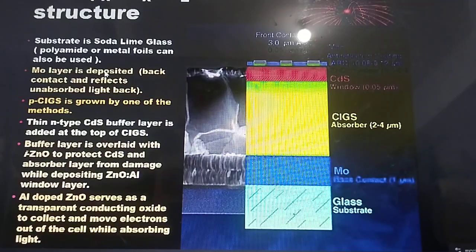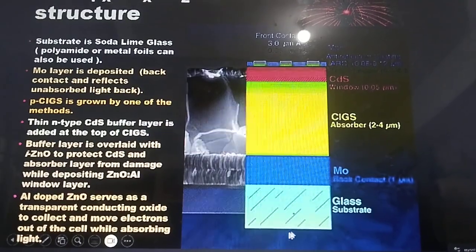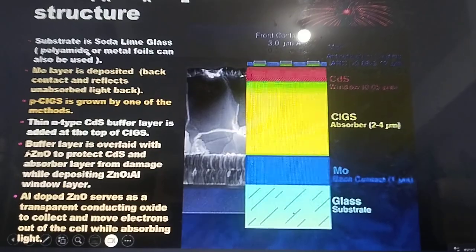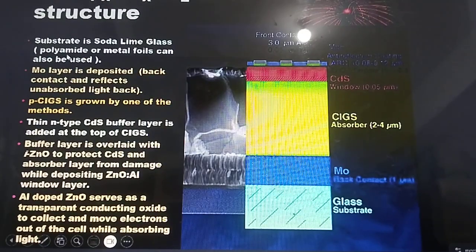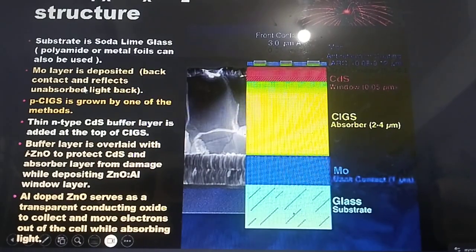And see here, this is how we make CIGS solar cells. You take a glass substrate, or you can take soda lime glass, or you take polyimide metal foil. On that you use a molybdenum layer as a back contact. It reflects unabsorbed light back.